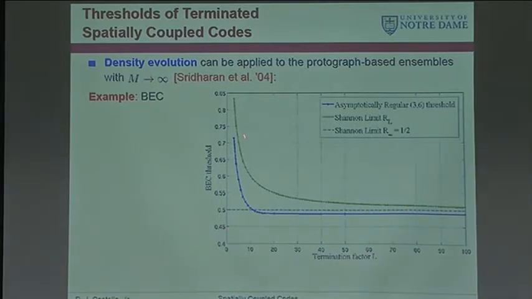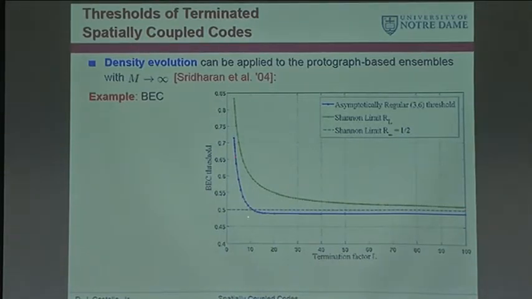So if we have a very small termination factor, the rates are very low, and the Shannon limit is much higher than 1/2. But it comes down and approaches 1/2 as the termination factor gets large.